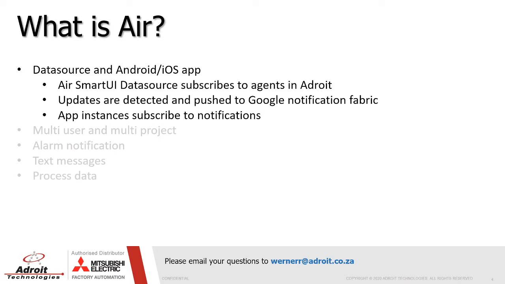The data source basically just subscribes to the defined agents in Adroit. When these agents get a change, we push notifications onto the Google notification fabric. Then anyone who's got an app instance registered will subscribe to these notifications on the cloud. So anytime we push notifications from the server, the notification fabric will deliver them to those interested parties.